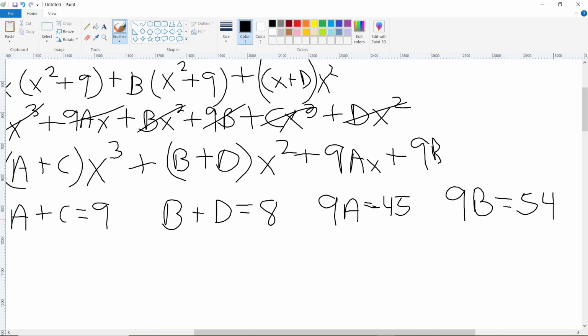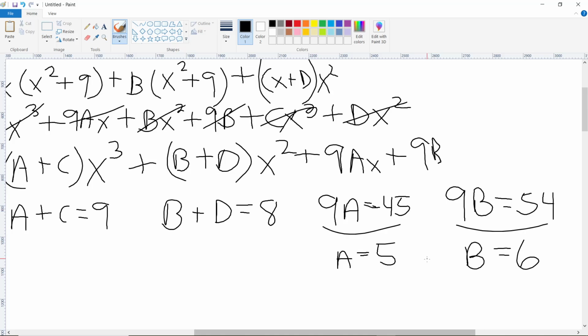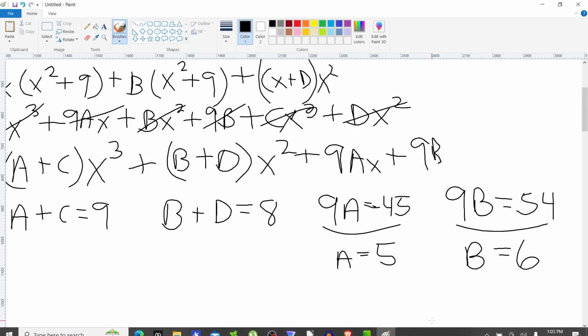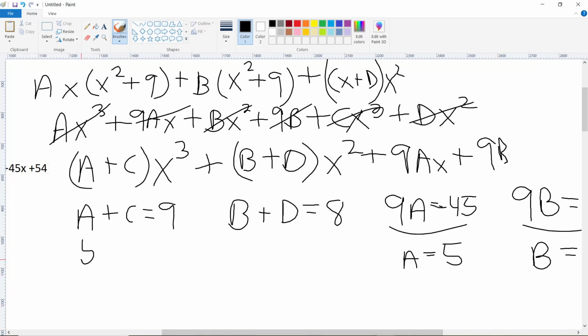So I've got 4 equations, 4 unknowns, but these two are easy to solve. A equals 45 divided by 9 is 5. B equals 54 divided by 9 is 6. And I can use those to find the other ones. So if A equals 5, 5 plus C equals 9, and C equals 9 minus 5 is 4.